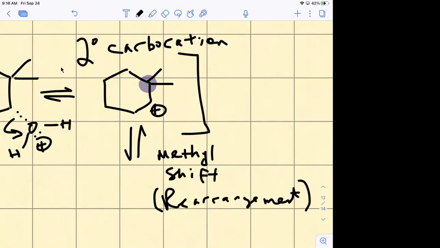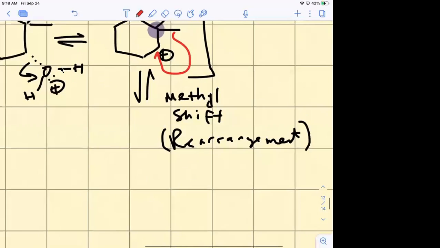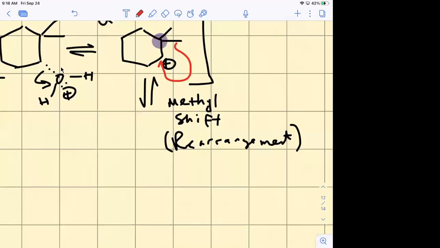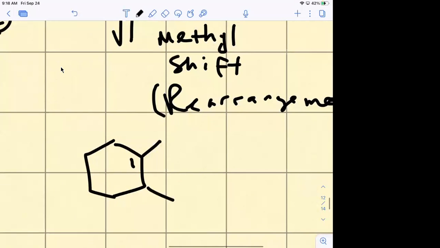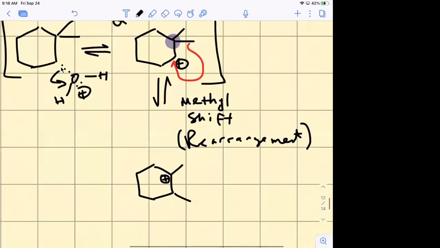So one of these methyl groups is going to actually move with its electrons. So the carbon and the electrons are going to move to here. And what that rearrangement is going to give us is this. And now my plus charge is here. Yes, no?